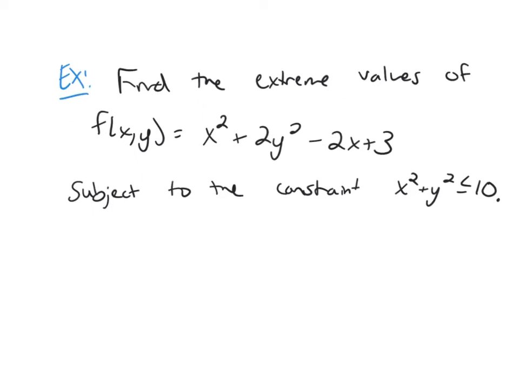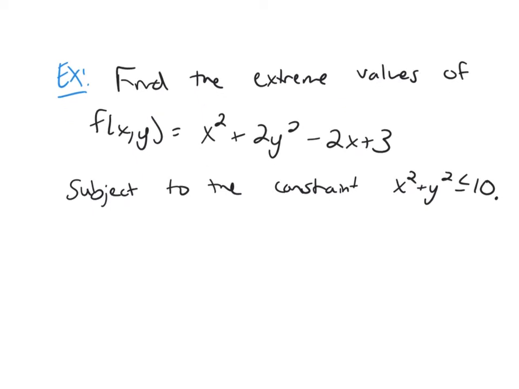Now, if you look at your constraint, it's not actually an equation. Our constraint is an inequality. So here you're going to have to break the constraint into two cases.